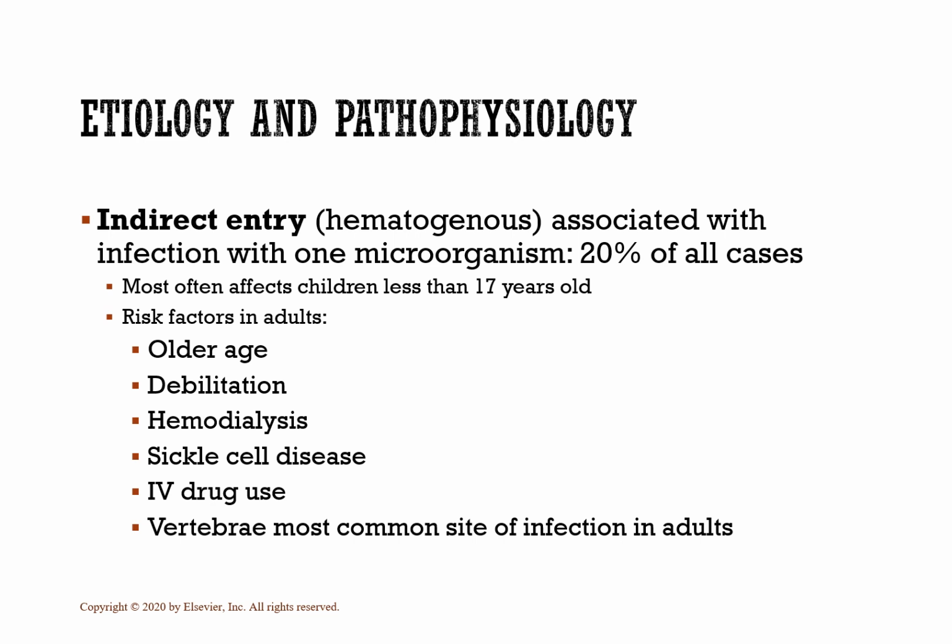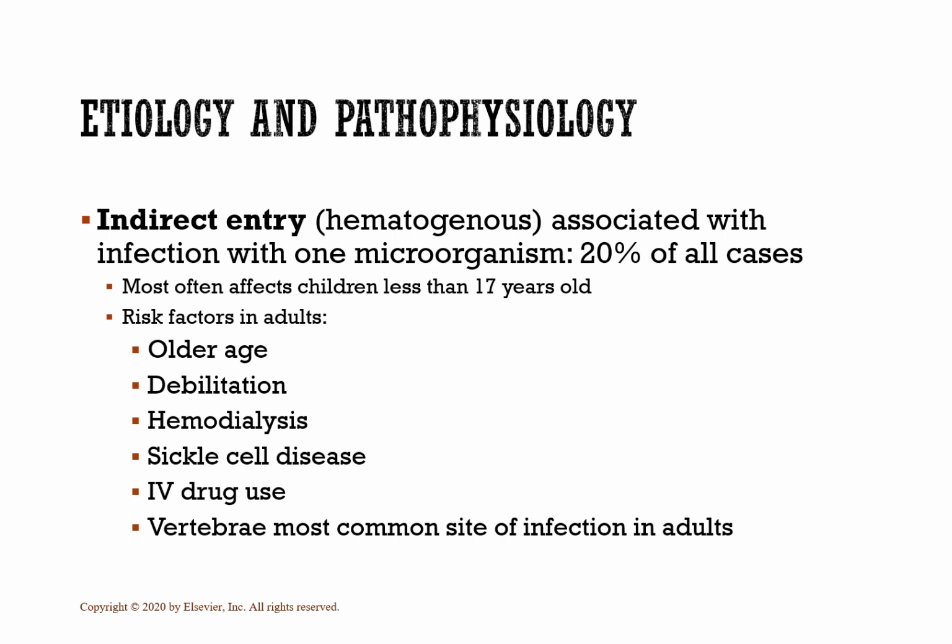One of the microorganisms is traveling from the blood to the bone. So it's bloodborne, from another site of infection, and it usually happens in bone that is traumatized or bone that has lowered resistance. So potentially this can even be in patients that have a diminished immune system. It most often affects children less than 17 years old.